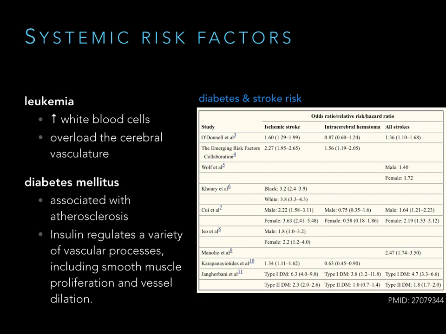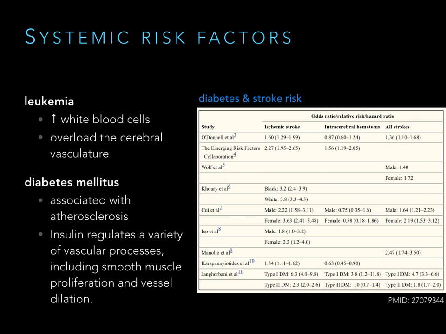This essentially thickens the blood and can lead to an overloading and blockage of cerebral vasculature, causing ischemic infarction. Diabetes is another risk factor, not only because it increases the risk of cardiovascular disease, but insulin also has important functions in regulating the contractility of our vasculature.